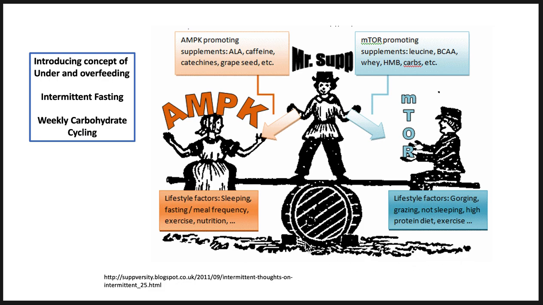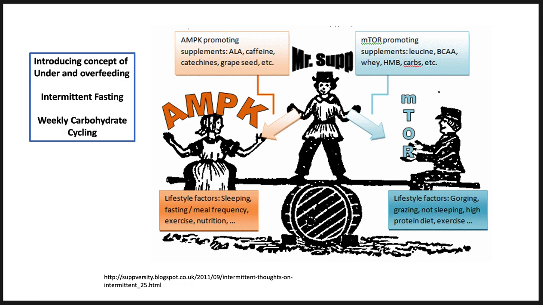Here we can see the sort of balance between AMPK and mTOR, and we're starting to look at compounds which are going to influence that, which we're going to go into in more detail when we're talking about building athlete supplementation programs.